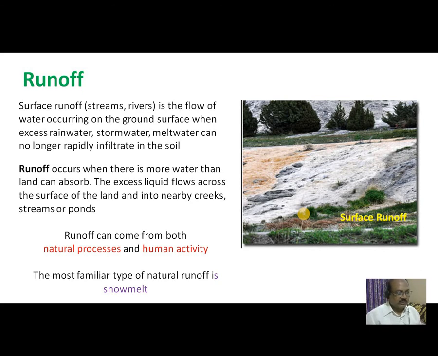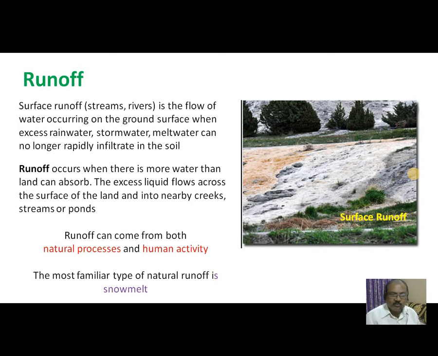Whatever rainwater or snow water there is, that is absorbed by the land, and the excess water flows on the surface of the land, across into nearby creeks, streams, or ponds.